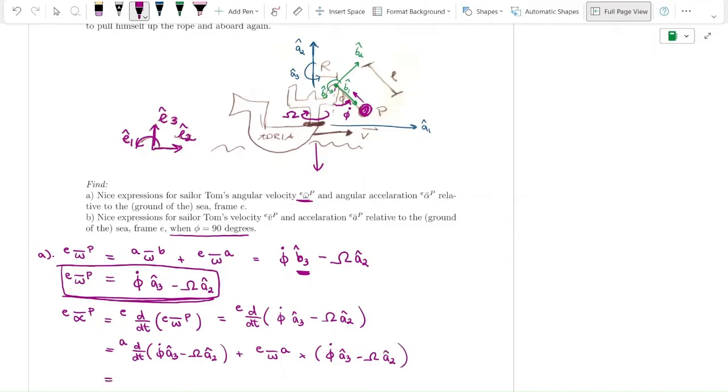Okay, this just becomes phi double dot a3 hat minus omega dot a2 hat plus the angular velocity of A and E we found from the previous part, so it's negative omega a2 hat cross with phi dot a3 hat minus omega a2 hat.